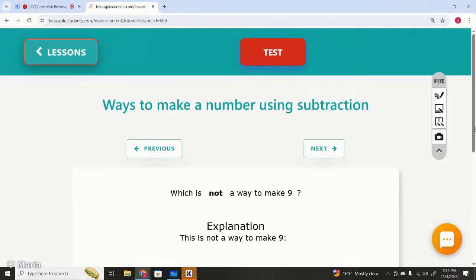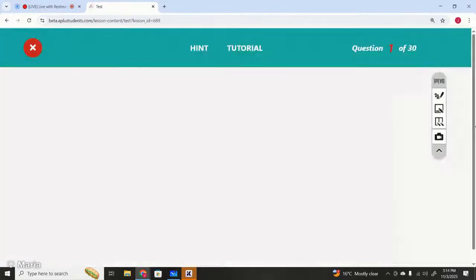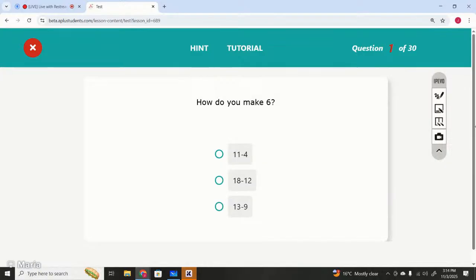Let's just start with the test questions. How do you make 6?